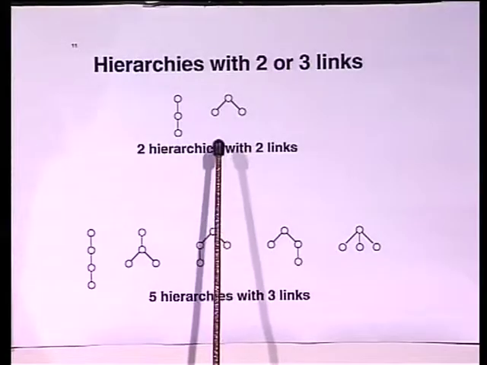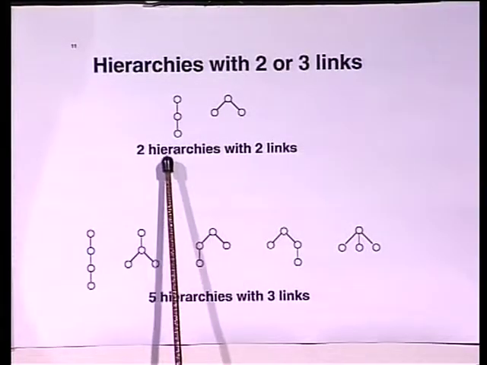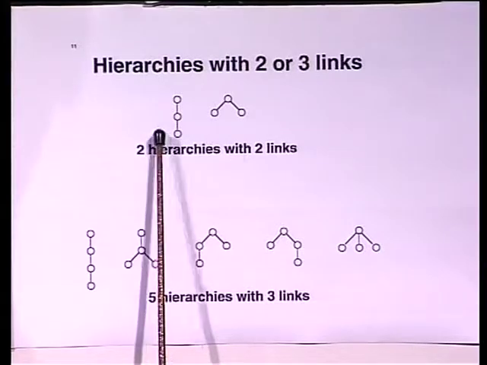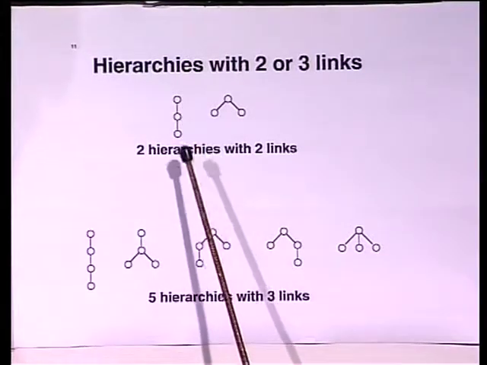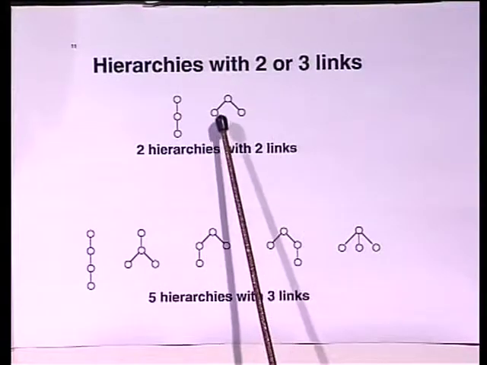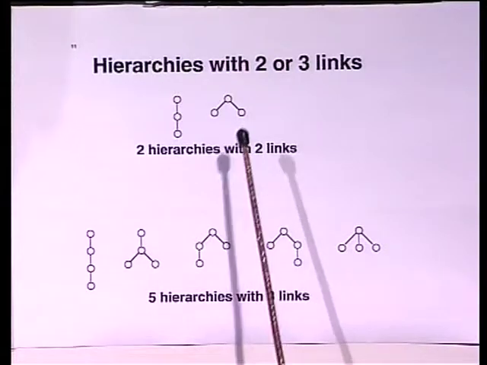Well, let's have a look now at some small sizes of hierarchy. Let's look first of all at a hierarchy where the number of relationships is only 2 or 3. In these diagrams you see hierarchies with 2 relationships. So this one represents a boss, an underling and a slave, whereas this hierarchy represents a boss and 2 minions.